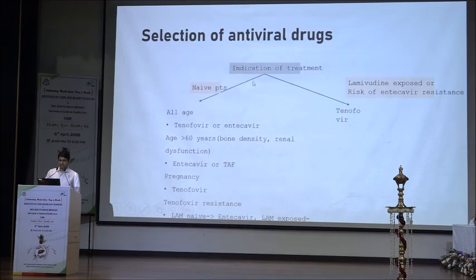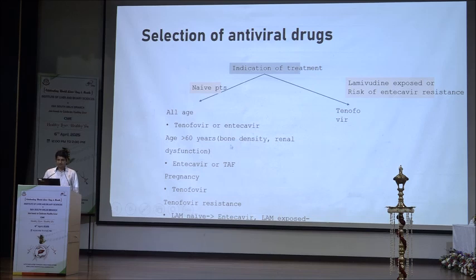So which drug should we use for antiviral treatment in a patient with hepatitis B virus, when there is an indication of treatment? If the patient is treatment naive, at any age we can use tenofovir or entecavir, but we should avoid tenofovir in subjects who are more than 60 years of age, because tenofovir may affect their bone density and there is increased risk of fractures in such subjects.